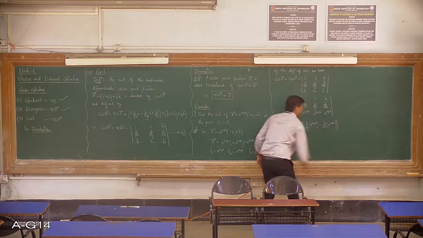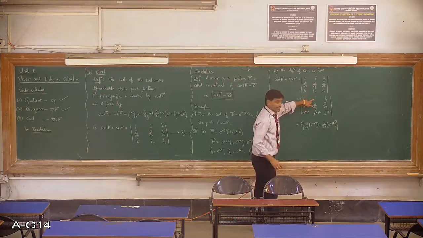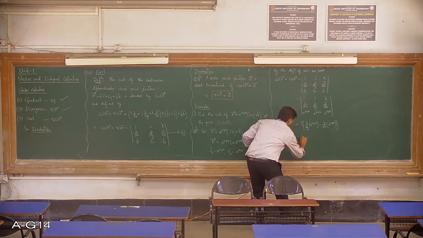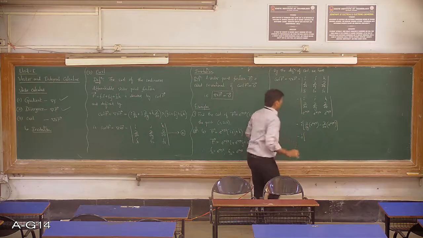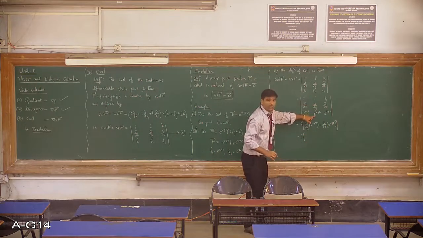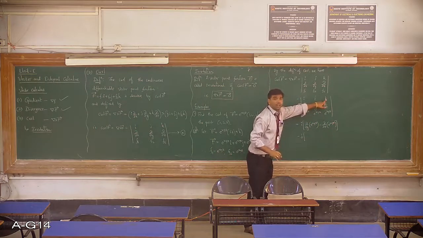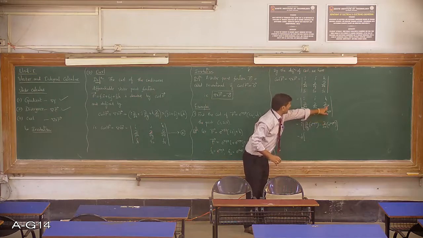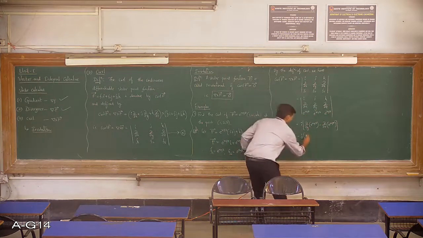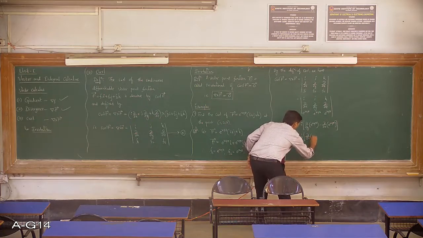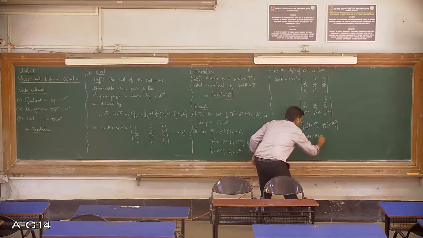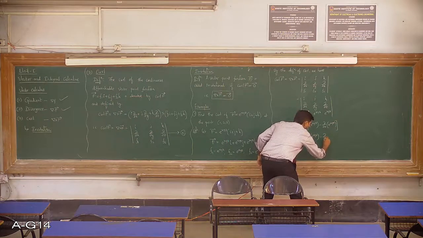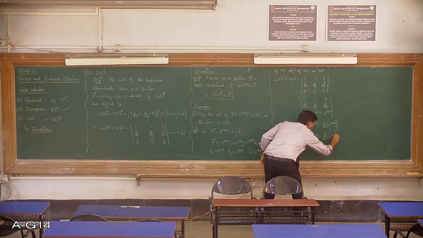Okay, close the bracket. Similarly, next this element, plus, here it is negative, minus j. Now leave the second column and first row, then you will get this. So therefore dou by dou x of e to the power xyz minus dou by dou z of e to the power xyz. So write the same thing, dou by dou x of e to the power xyz minus dou by dou z of e to the power xyz.